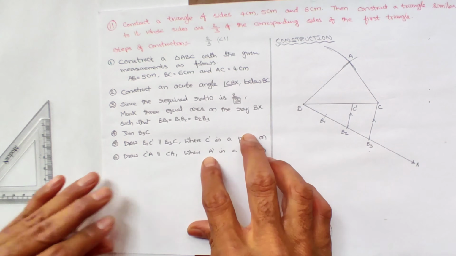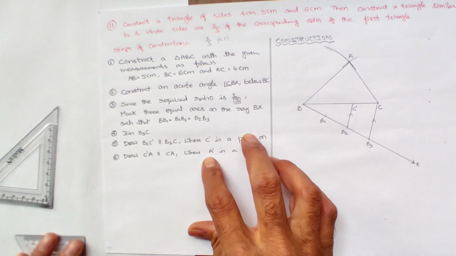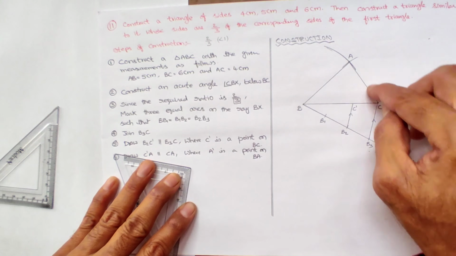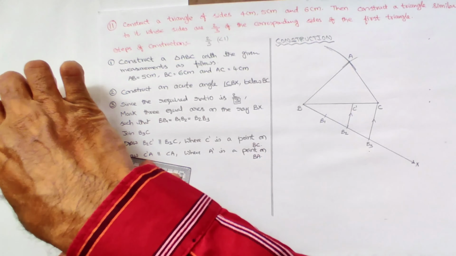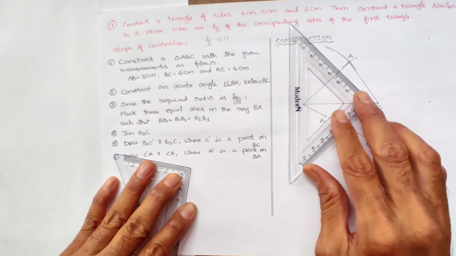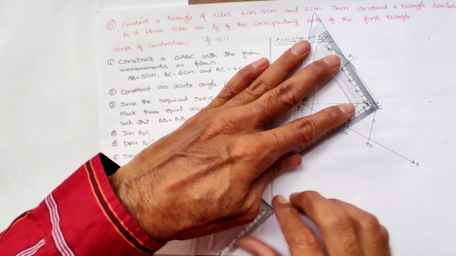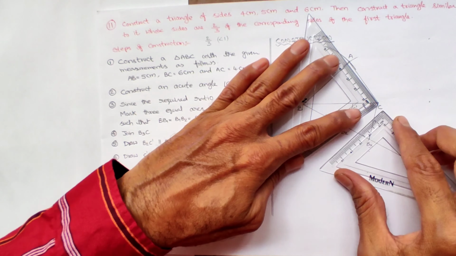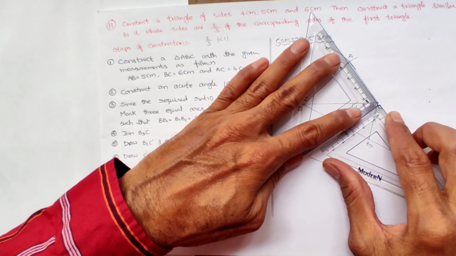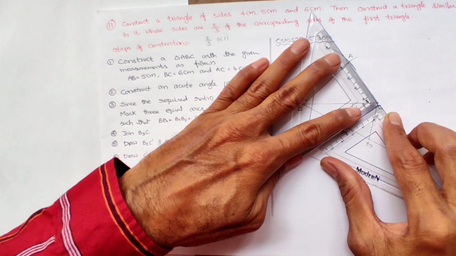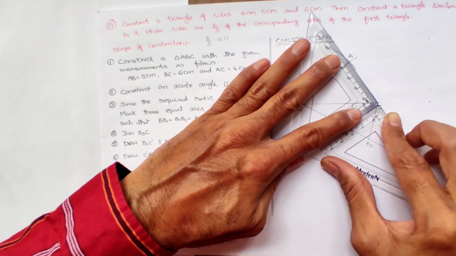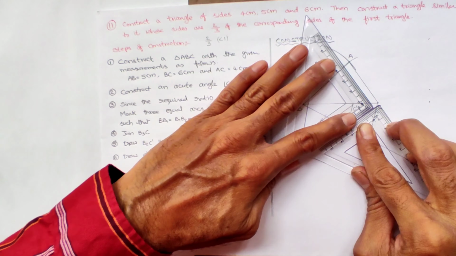Now let us draw one more parallel line, that is parallel to CA from C dash. So let us keep this set square here, and adjust the lower set square. Now see here it maintains 180 degrees. You hold it tightly, you move the upper one a little bit back.